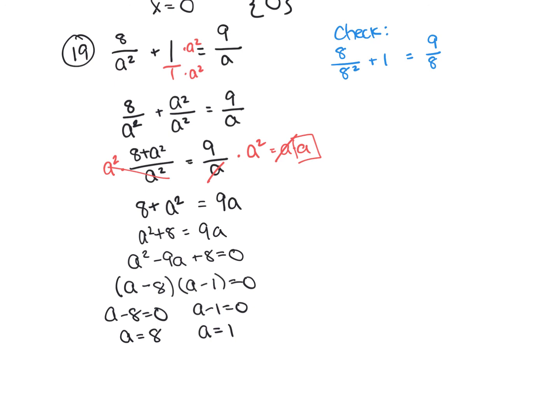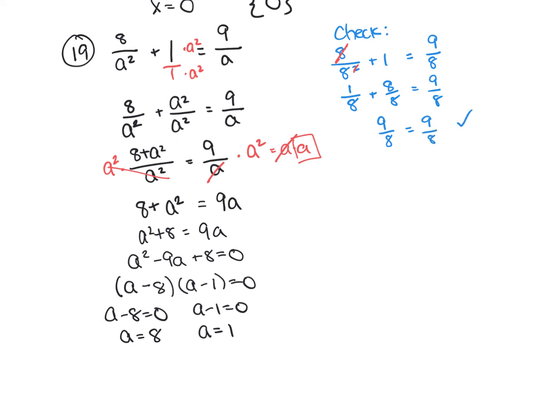Or actually, instead of doing it that way, let's cancel out with that 8 and then the squared. So we're just left with 1 over 8 plus 1 can be written as 8 over 8 is equal to 9 over 8. When I add my left side together, I get 9 over 8 is equal to 9 over 8. So we know 8 works.